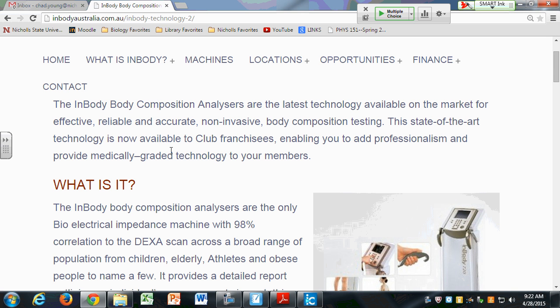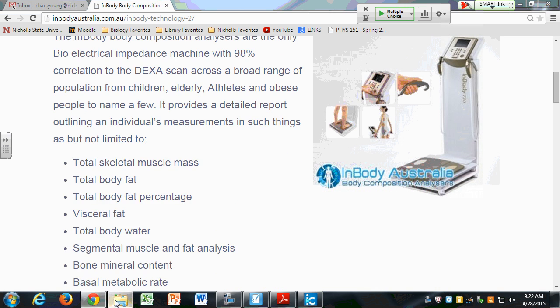Because you have such a different resistance in, say, your arm than you do in your trunk, sometimes it's difficult to tell the difference between how your body is composed here and how it's composed here. So they use two different frequencies of electricity, where one of those frequencies will analyze your trunk, the main part of your body, and the other frequency will analyze the appendages. Let's see, I have a figure.